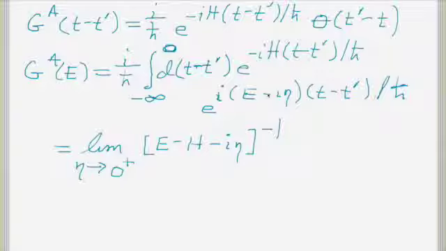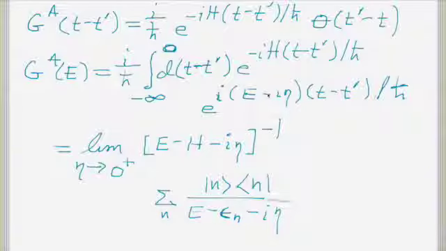Right? We do the same eigenfunction expansion, and we would have the sum over n of 1 over E minus epsilon n minus i eta, limit eta goes to 0 plus of all this.